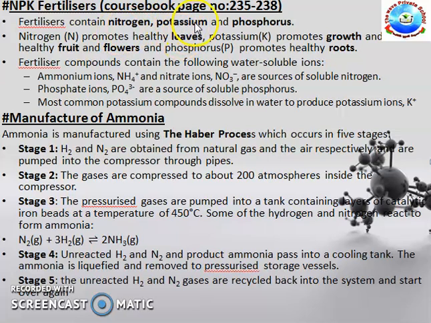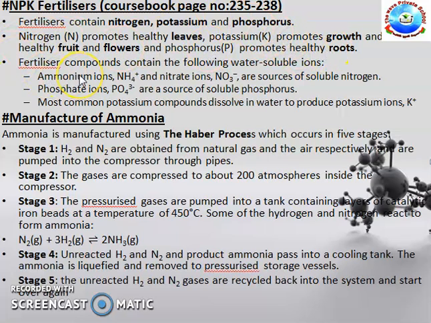The work of potassium, it promotes growth and healthy fruit and flowers. And phosphorus, it promotes healthy roots. So got it? Nitrogen, potassium and phosphorus help the fertilizer to promote healthy leaves, growth and healthy fruit and flower, and phosphorus helps healthy roots.